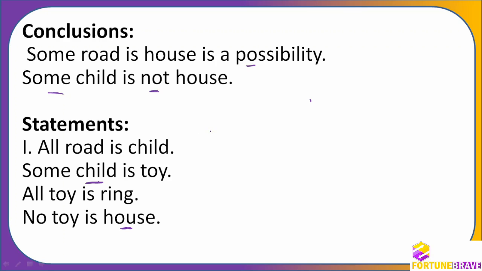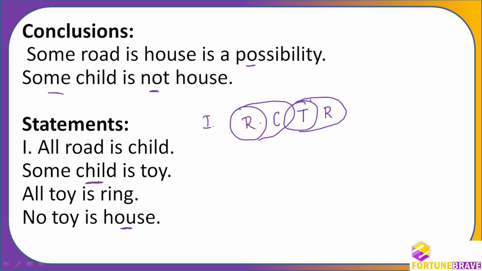So let us see whether we will be able to do the first one. All road is child. Okay, I started with this. No problem, I did not have to do this anyways. Some child is toy. All toy is ring. So this is road and this is ring.